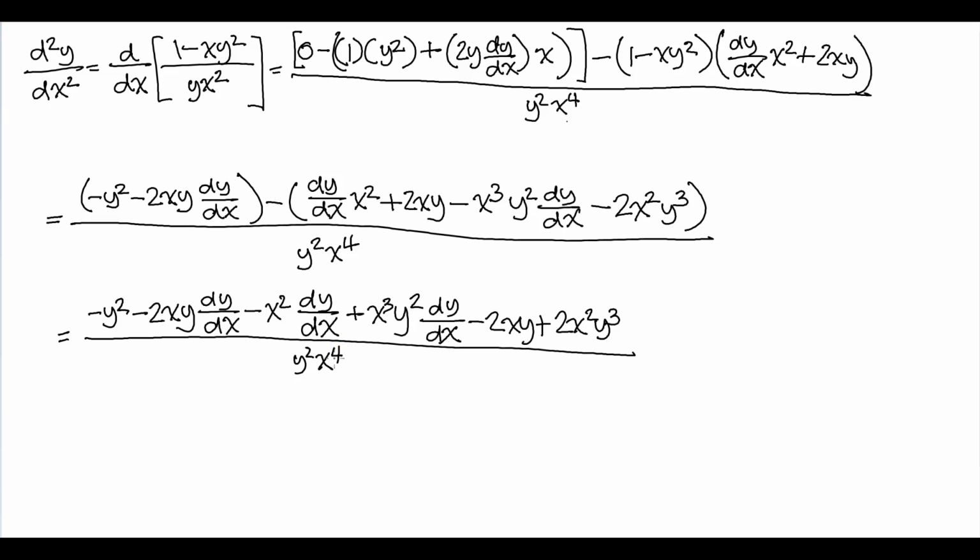What I'm going to do is move all this to the right and factor out dy/dx. So we factor out dy/dx times minus 2xy minus x squared plus x cubed y squared.